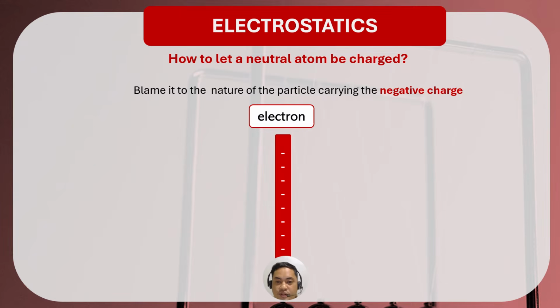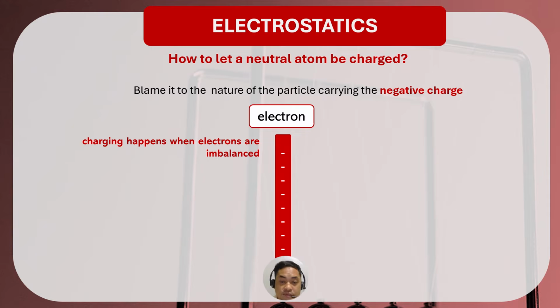This is the reason why charging will exist: because of the characteristic of electrons. So let's try to know what an electron is. Although this is very basic for you, a review might help you to be refreshed.